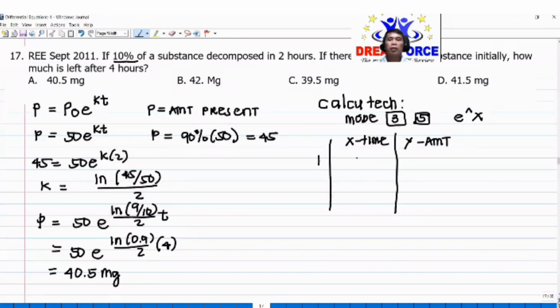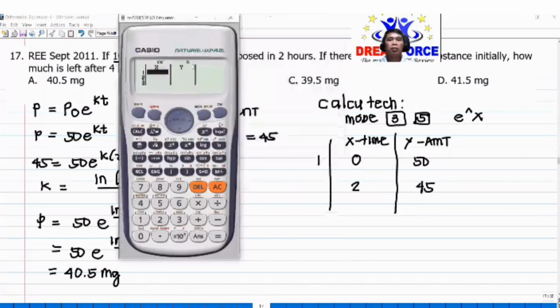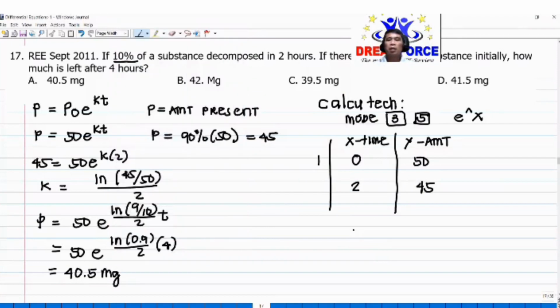That is initially when t is equal to 0. So initial amount 50. After 2 hours, that is equivalent to 45. Let us substitute 0 equals 2 equals then the value of y, 50 equals then 45 equals. Then what is the value of y when x is equal to 4?